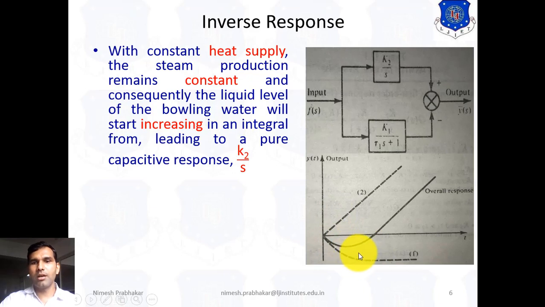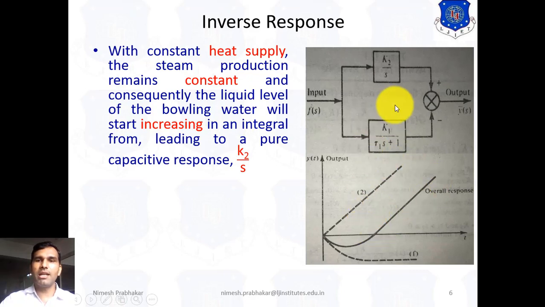After this short time, the overall response is increased. That means this is the integration of these two systems. That's why it's called the integral system. That means initially, due to this inverse response, it decreased, but after we give the heat as a constant supply, it will come to an increasing level. So this is the overall response of the system.